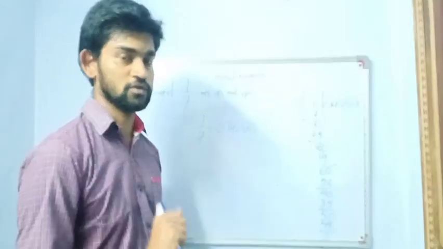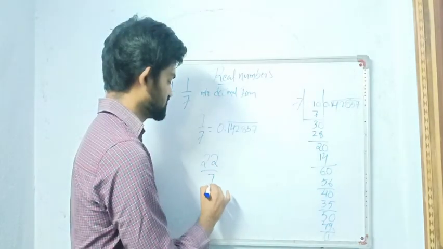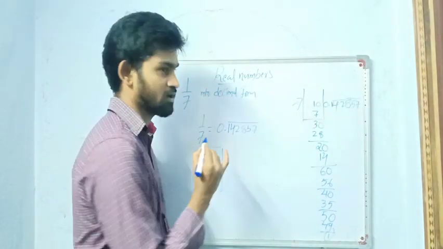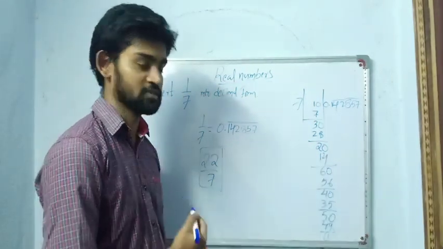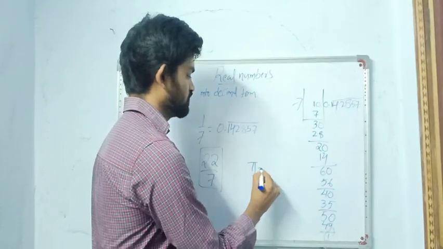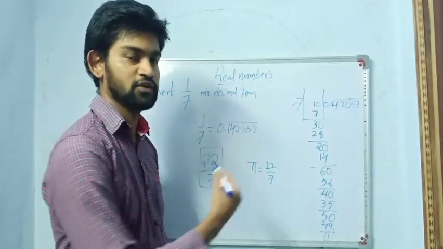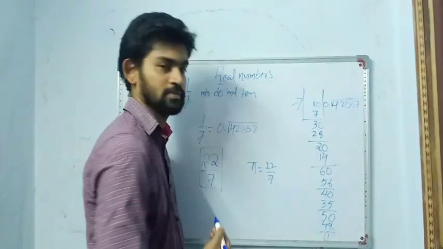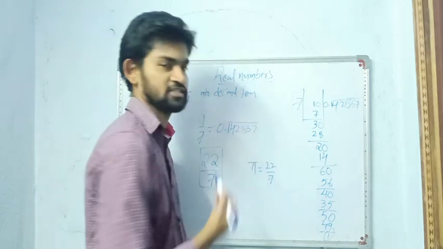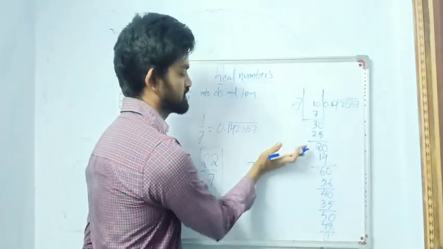Now one more doubt children will have is whether 22 by 7 is a rational or irrational number, because in a few questions we use 22 by 7 for the value of pi. Children will feel pi is irrational, so 22 by 7 is also irrational. No, pi is not equal to 22 by 7.